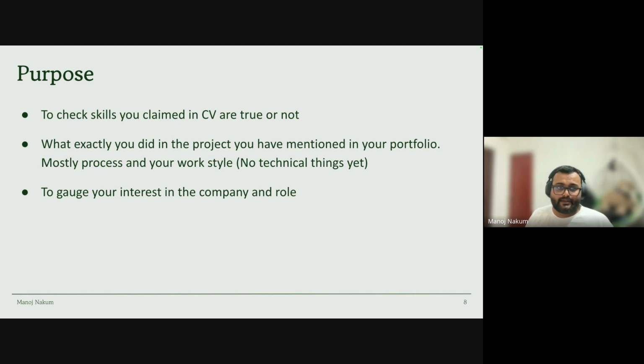Also, in between these portfolio screening questions, the recruiter asks, "Why do you think you are a perfect fit for this role based on your project and our work?" Because sometimes your projects are not aligned with their domain, so they might ask this question.